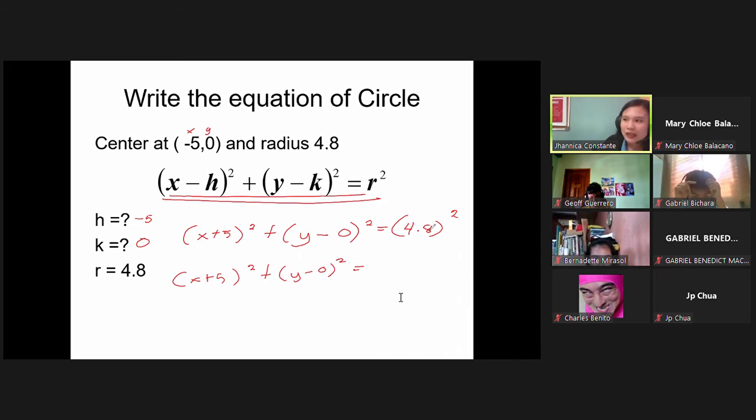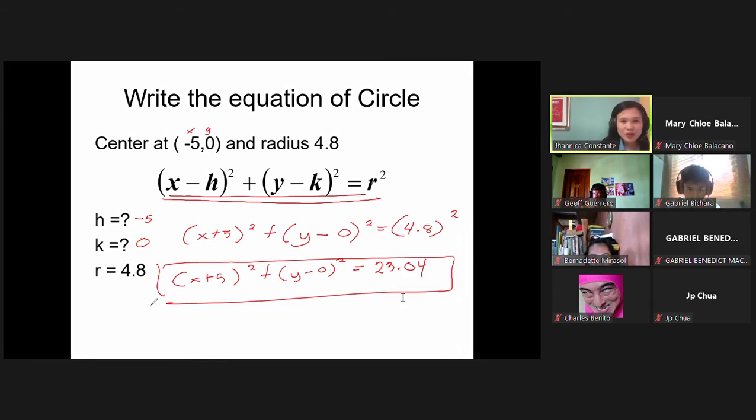So 4.8 squared is equal to 23.04. So this is the equation of the circle, given that the center is -5 and 0 and a radius which is 4.8.